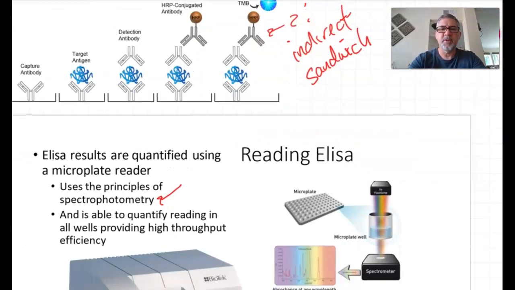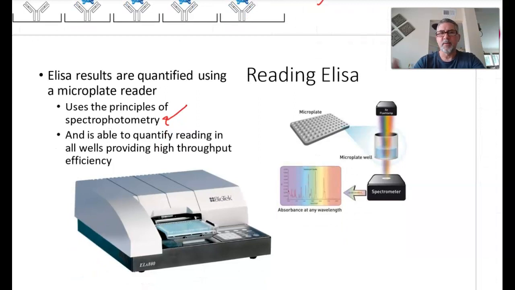So I can get a plate reader, and that plate reader will read the different intensities. So you'll get a spike at a certain wavelength, but the intensity of that spike will be the intensity of color.